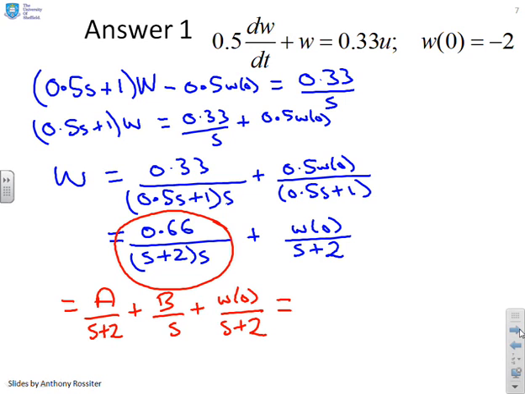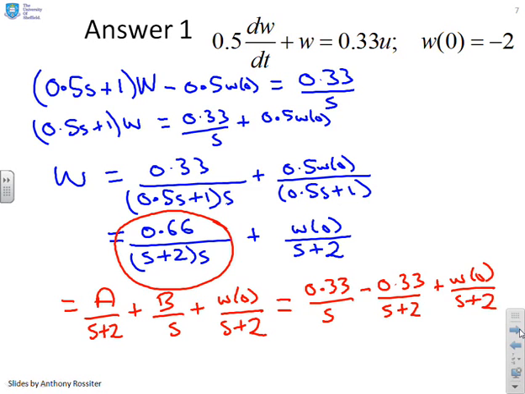So in order to get a, I need to set s equal to minus 2, cover up the s plus 2, and so you're going to get minus 0.33. And in order to get the b, I set s equal to 0, cover up the s, and I get plus 0.33. So what you end up with is 0.33 over s minus 0.33 over s plus 2 plus w of 0 over s plus 2.